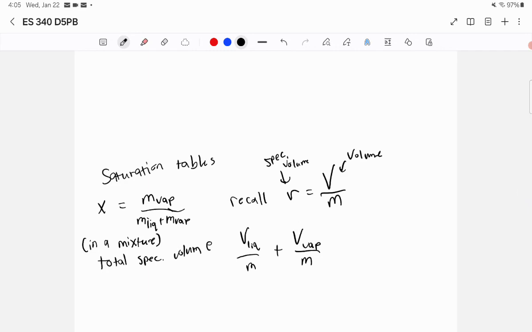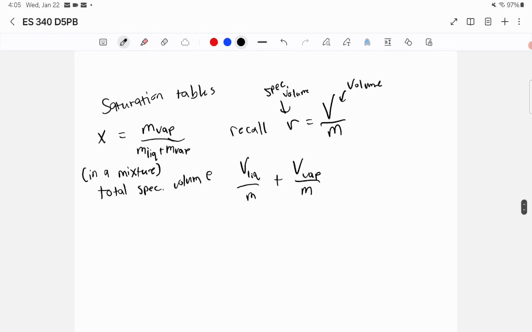This is why it's going to be useful to get familiarized with specific quantities. That's going to be equal to my v.